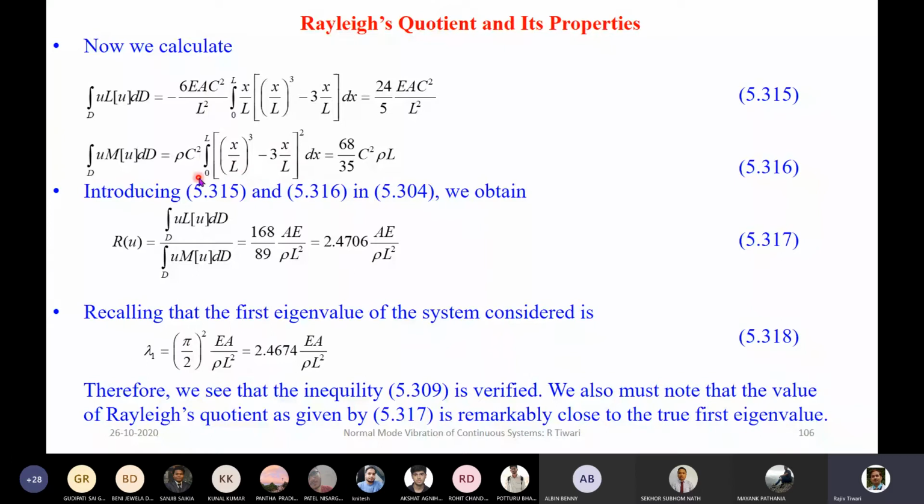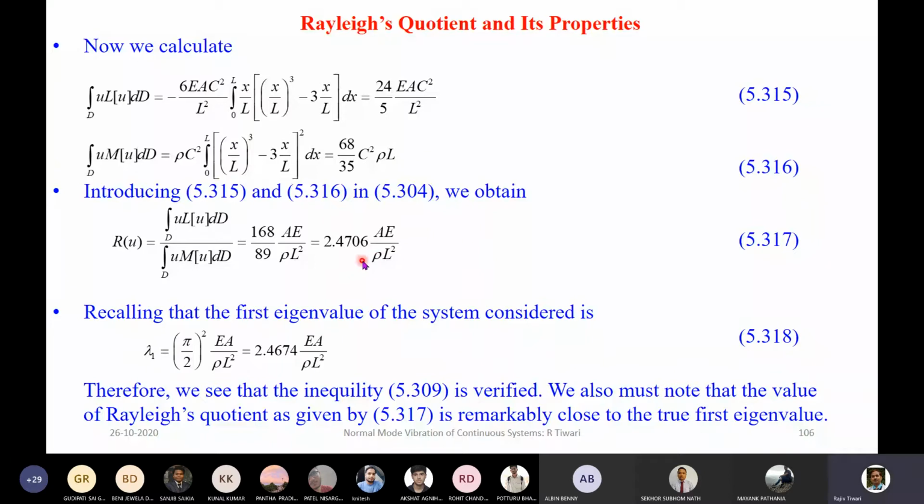These are simple definite integrations; we integrate and then substitute the limits 0 and L. Once we have this, we can substitute it here, and after simplification we get the Rayleigh's quotient like this. If we take the square root of this, we can get the natural frequency.